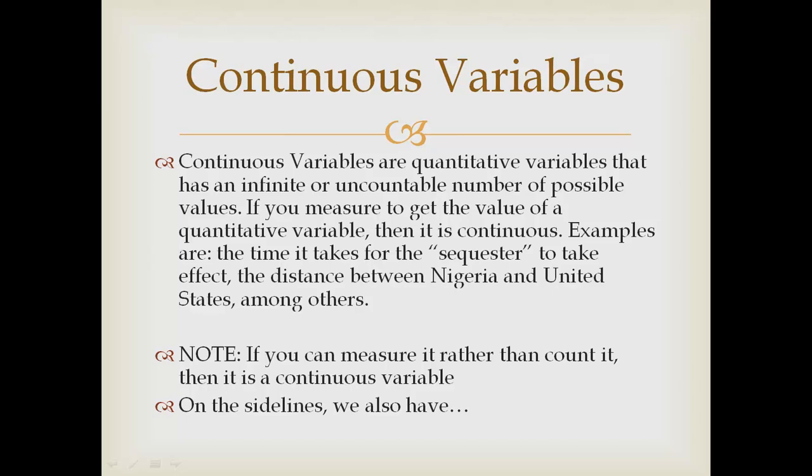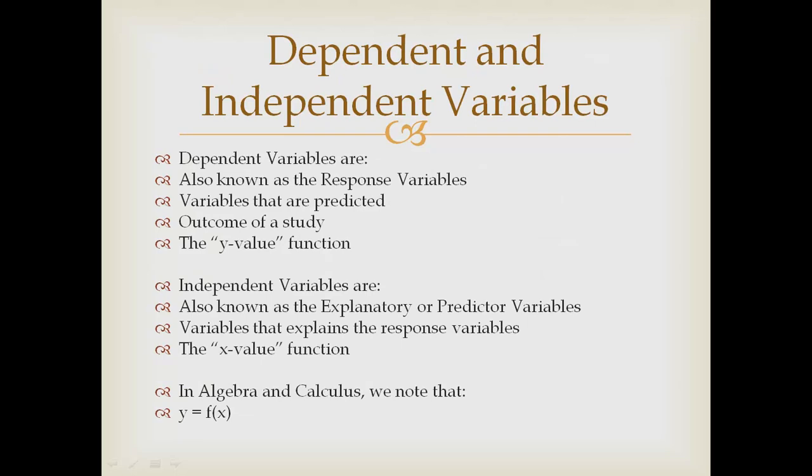Now, on the sidelines, we also have what we call dependent and independent variables. These are not really types of variables, but when we do experiments, we take note of them. And not just in statistics, in mathematics generally, you've seen y is a function of x, written as y equal to f of x.